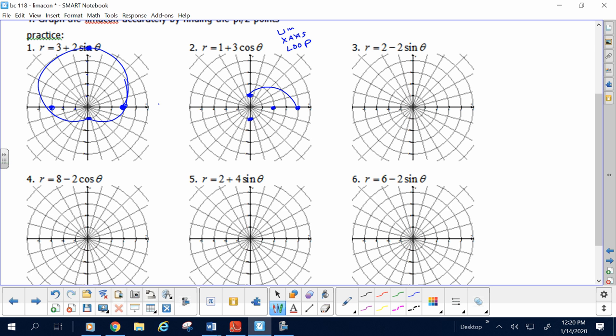Then you keep getting smaller until you get through the origin and back up to -2. Then get closer and closer to the origin, get back to the origin and then curve back through the negative y-axis. And so you should have points on the x-axis at 4 and 2, and the y-axis at -1 and 1. Is that what your graph looks like?